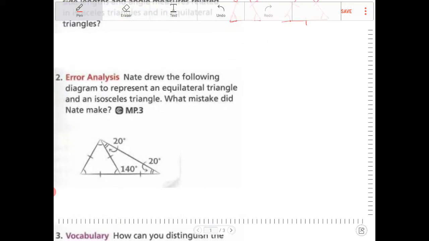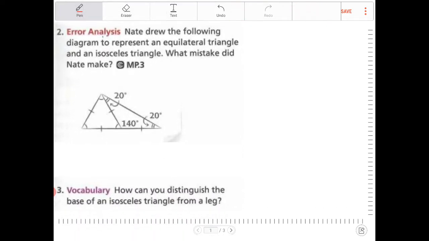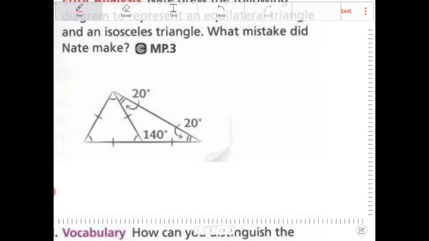Error analysis. Nate drew the following diagram to represent an equilateral triangle and an isosceles triangle. What mistake did Nate make? So I see here that in order for this to be true, that means this angle here is 60, this angle is 60.